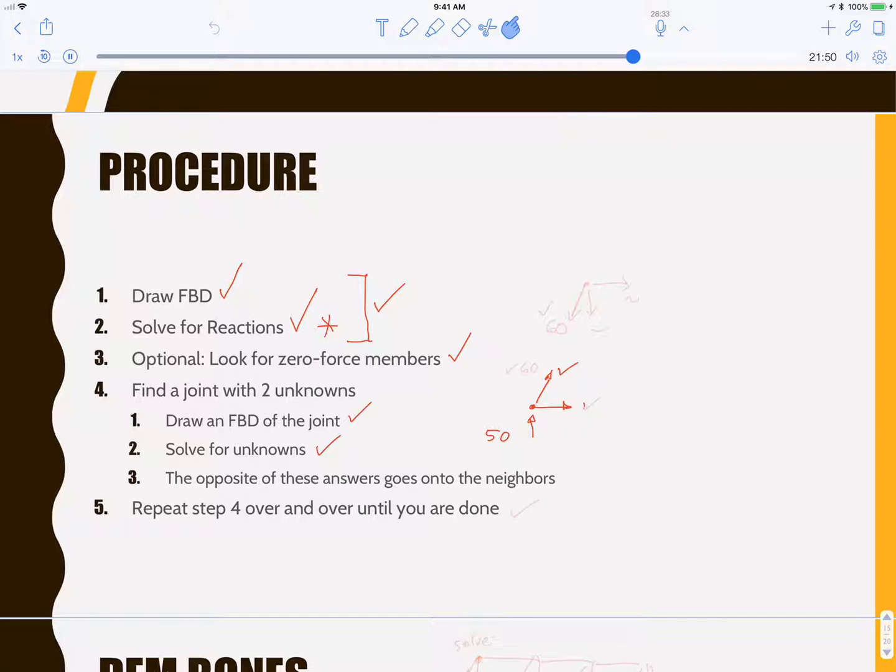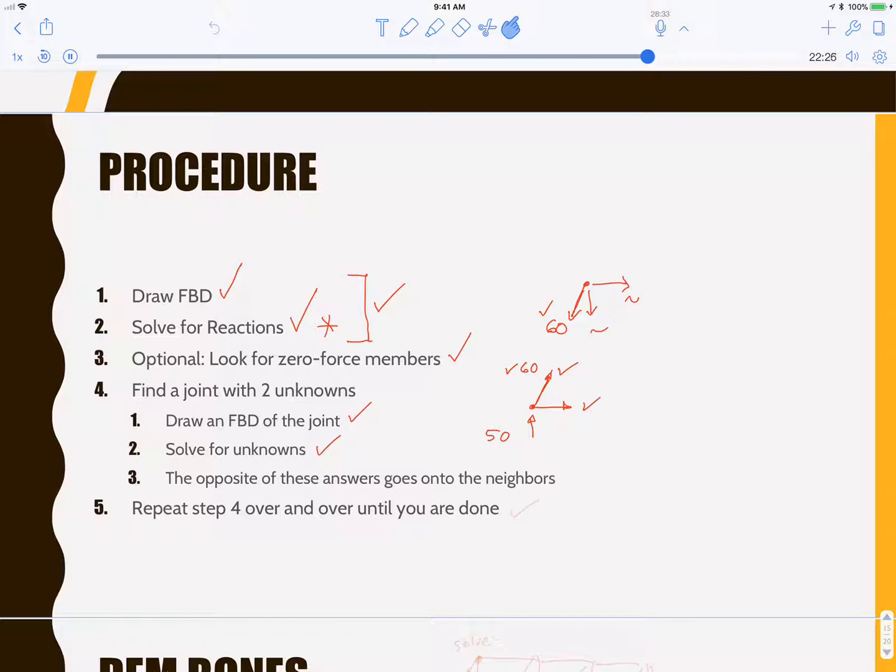You could solve for that, and then this, let's say, I don't know, let's say that came out to be 60, and then this joint up here that connected down to there might have looked like that with three unknowns, but since you just solved this one for 60, you can put that up here, equal and opposite. Just remember, let's say this one is pulling away, then on this one up here it's pulling away. Now that you know this 60, there will be two unknowns here, and you can solve for that.